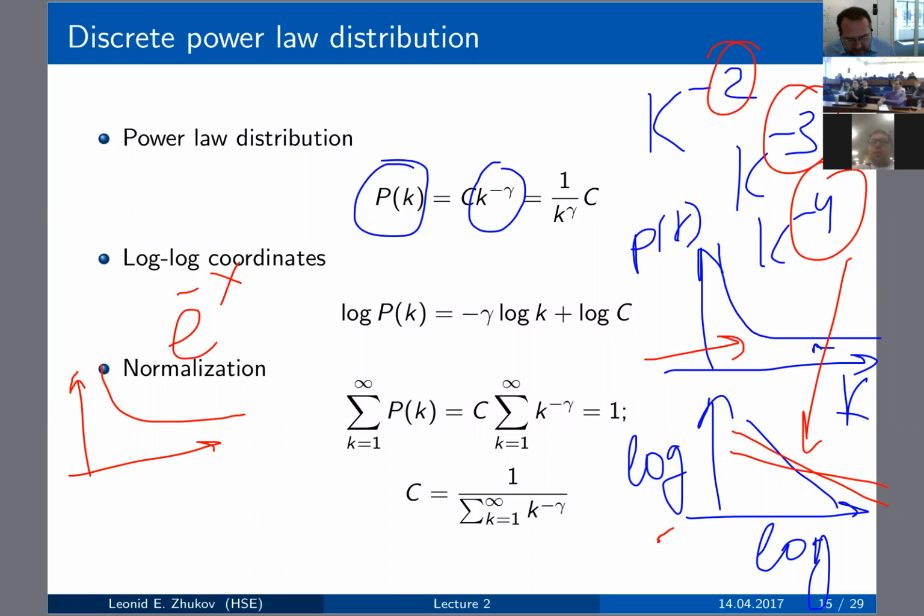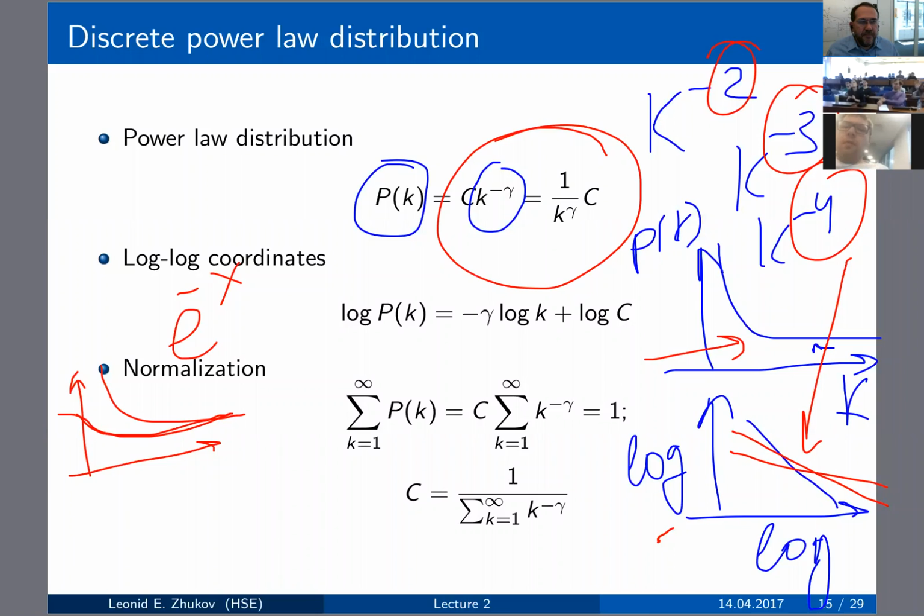Let's say if it is just e to the minus x, it has to go like this, but something exponential decreasing. Well, if you take the logarithm, you realize it's not going to look like a straight line in a logarithmic scale, right? So only if the function has this form is it going to look like a straight line in the logarithmic scale. All right?